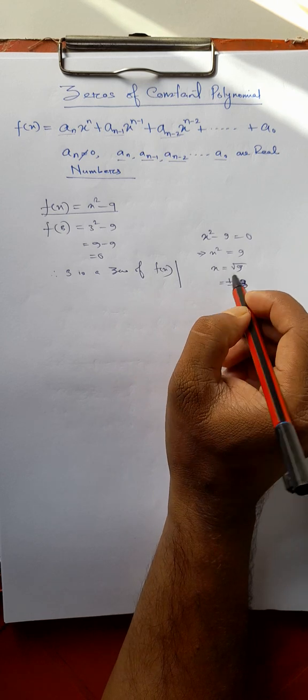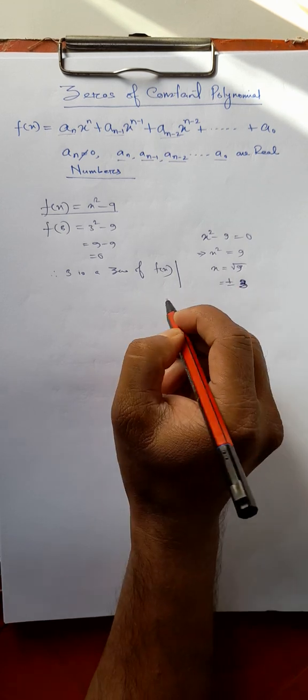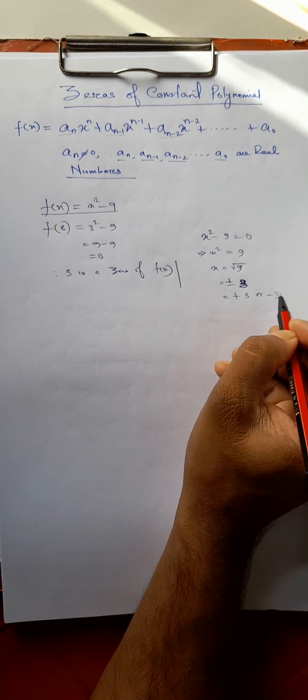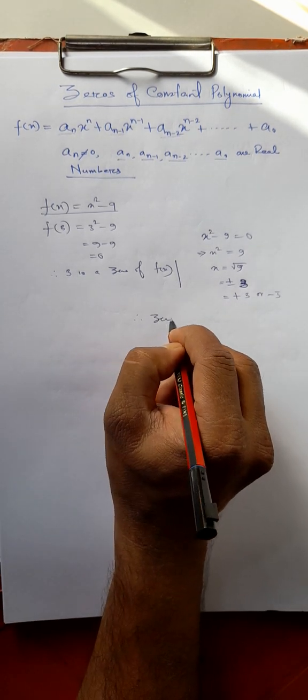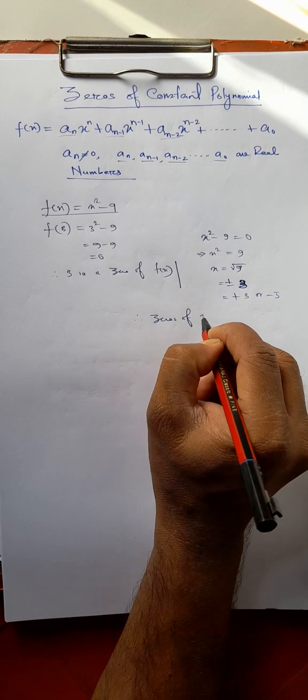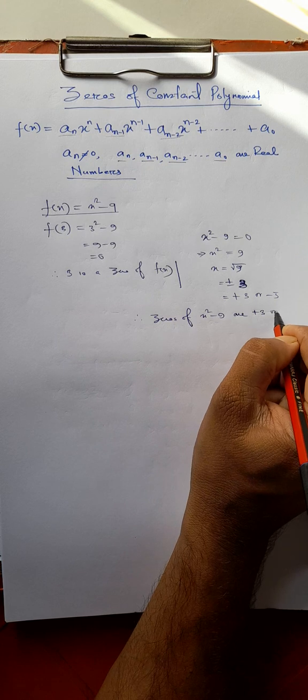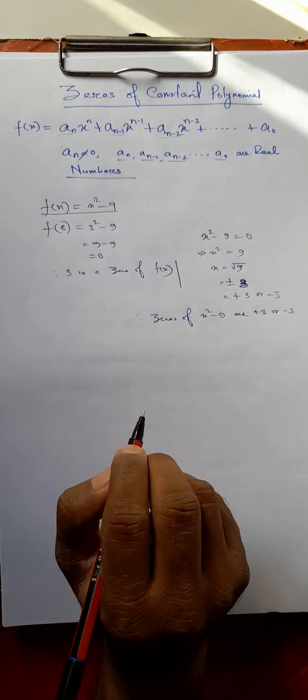This implies that x = ±3, that is, plus 3 or minus 3. Therefore, zeros of x^2 - 9 are plus 3 or minus 3.